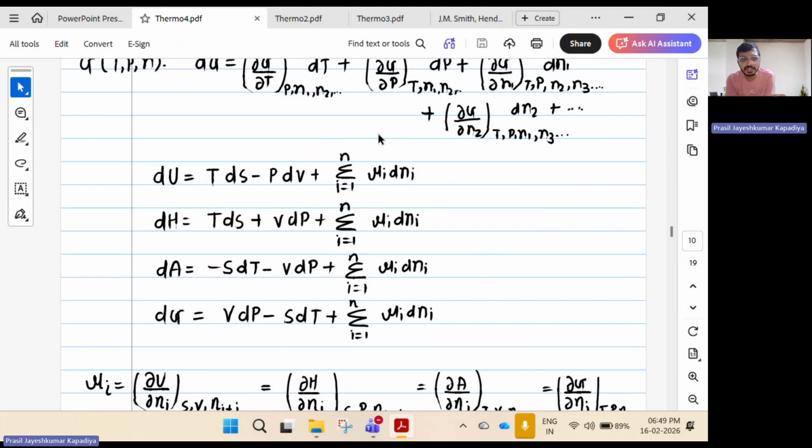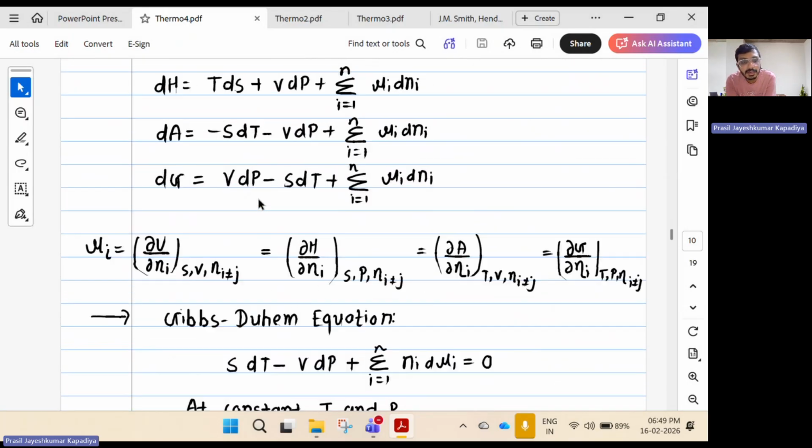Similarly, for enthalpy, dH is equal to TdS plus VdP plus summation i equal to 1 to n of mu_i dN_i. Similarly, for dA, minus SdT minus PdV plus summation i equal to 1 to n of mu_i dN_i. And similarly, dG is VdP minus SdT plus summation i equal to 1 to n of mu_i dN_i.